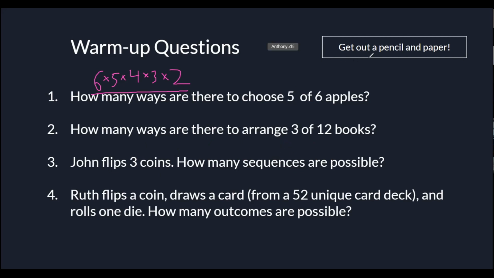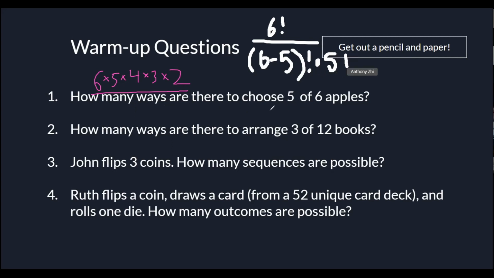Yeah, so guys, Anthony is using the formula that we learned last time, where if you're choosing k items from n total items, then you would have n factorial over k factorial.